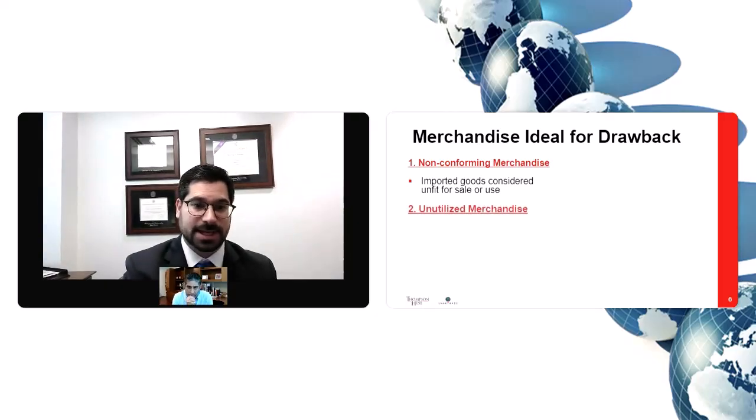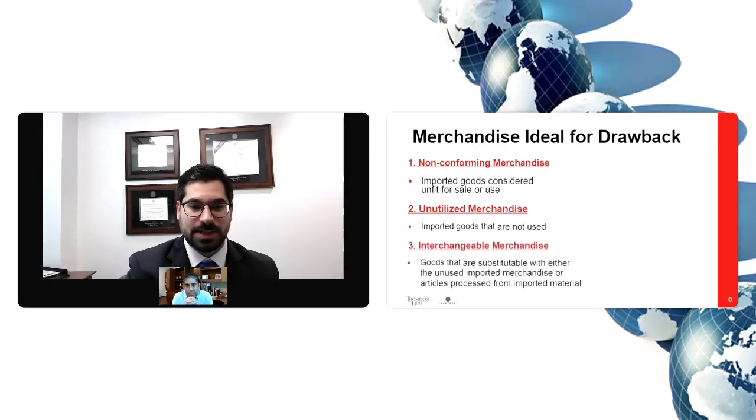The second type is pretty straightforward, unutilized merchandise. This is just imported goods that aren't used. They're sitting idly, perhaps in a warehouse. The third would be interchangeable merchandise. This would be goods that are substitutable with either unused imported merchandise or articles processed from imported material. They've undergone further processing, and that is eligible for drawback as well.